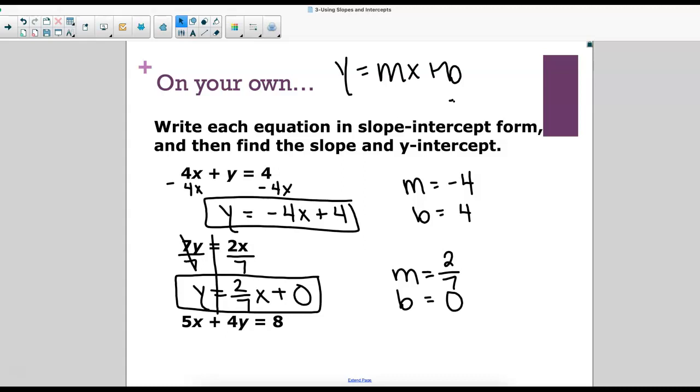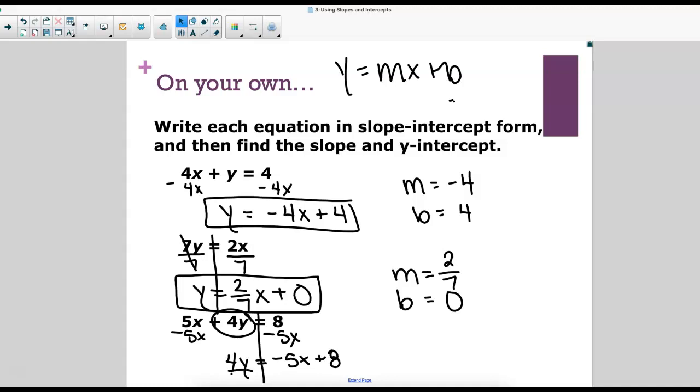Okay, let's try one more. I have to get the 4y by itself. So minus 5x. So far I have 4y equals -5x plus 8. Then what do I do? Go ahead, Eddie.